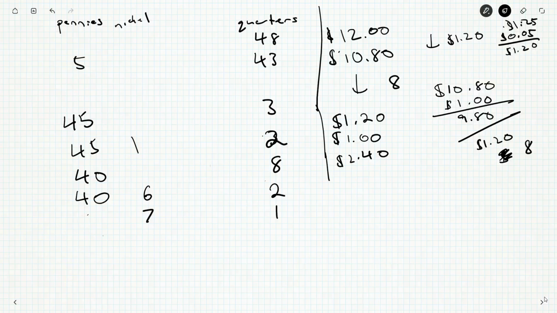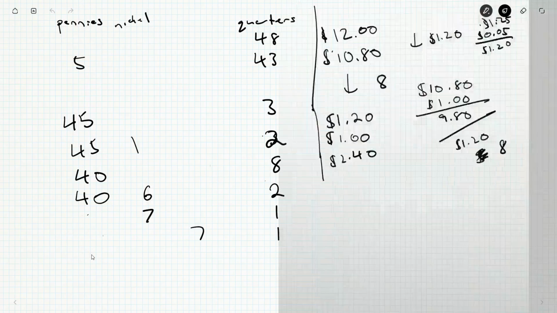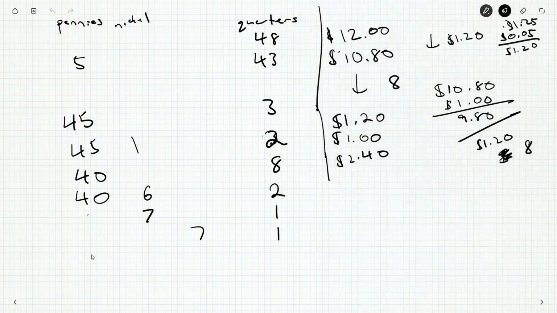What if we had only 1 quarter and, well, we'd have to have 7 dimes, and again, that'd be too much. I have no idea how I flipped to that page, but there it is. So I think we're a little stuck, because once we go down to 0 quarters, we've got nothing left to do.